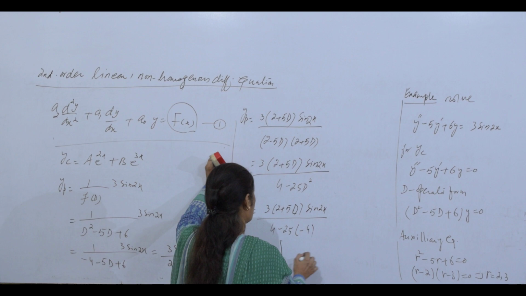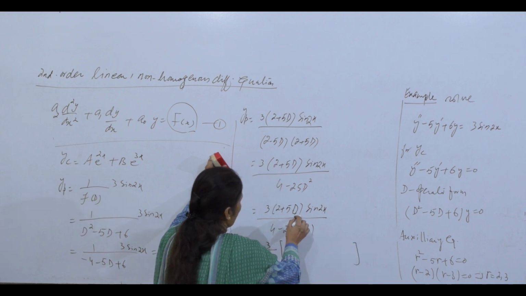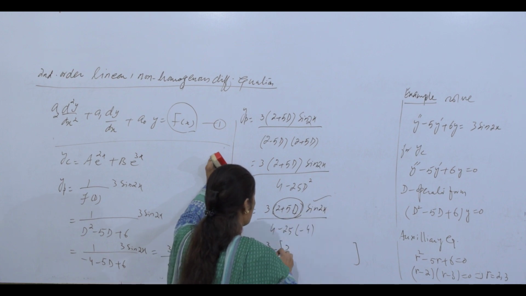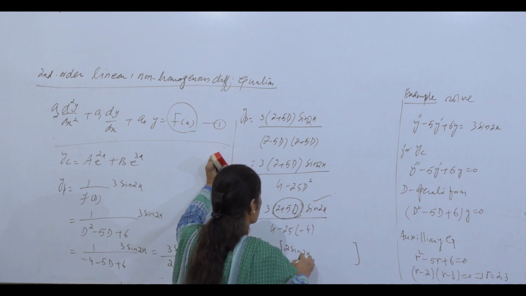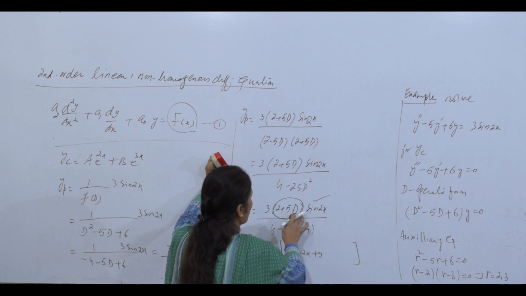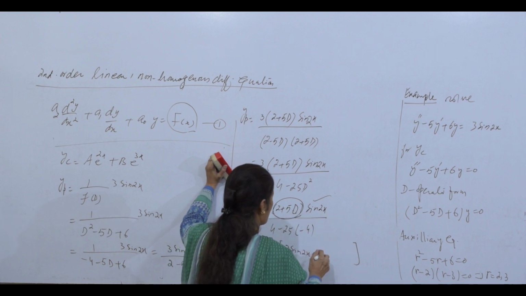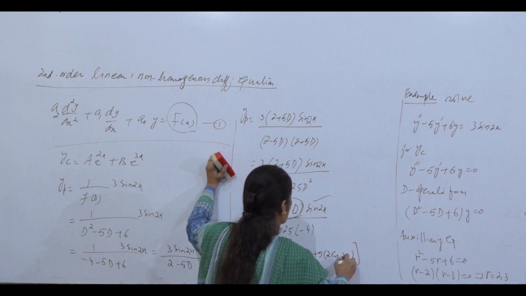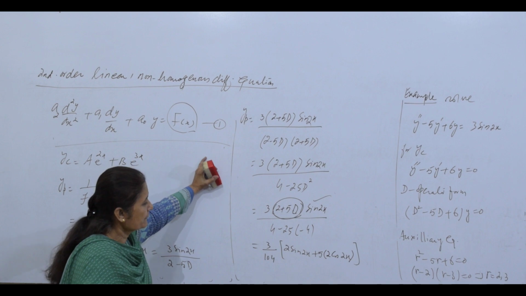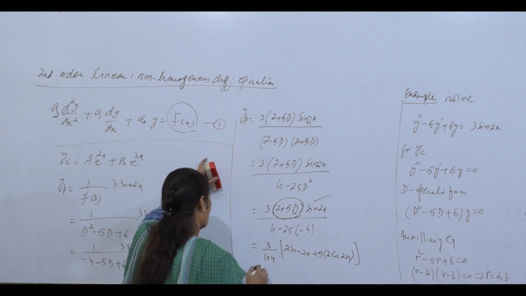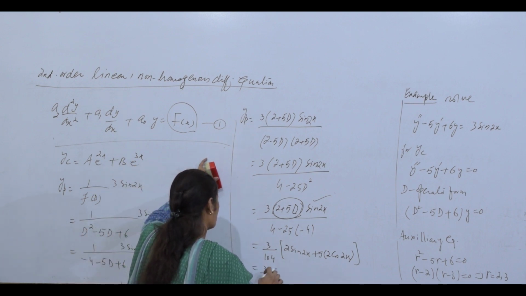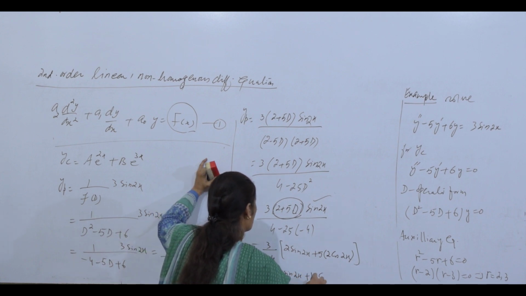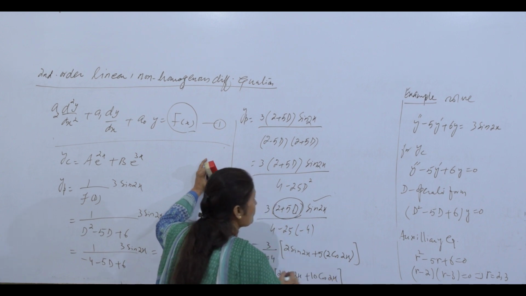This is outside. Now operate this on this sine function. 2 is multiplied: this is 2 sine 2x plus 5 times capital D, meaning derivative of this, which is 2 cos 2x. So you can simplify: 3 by 104 outside, 2 sine 2x plus 10 cos 2x, and bracket close.